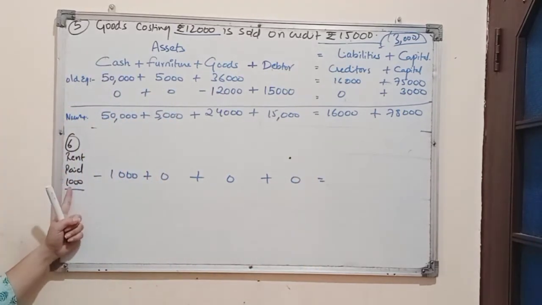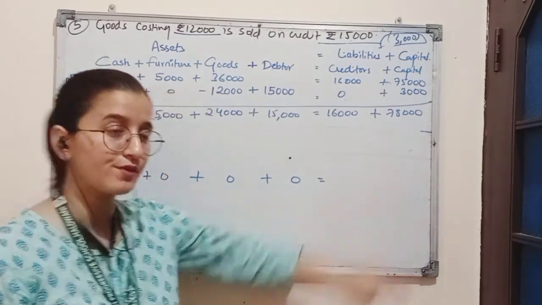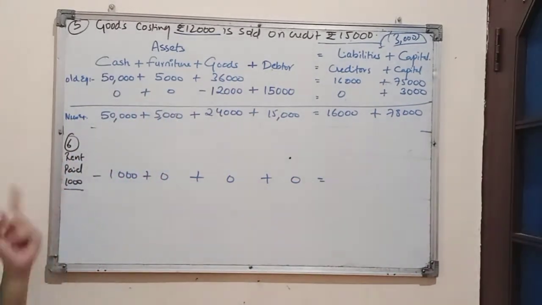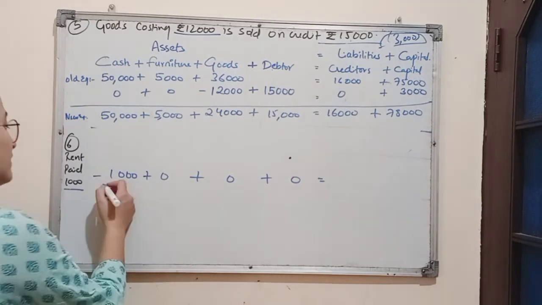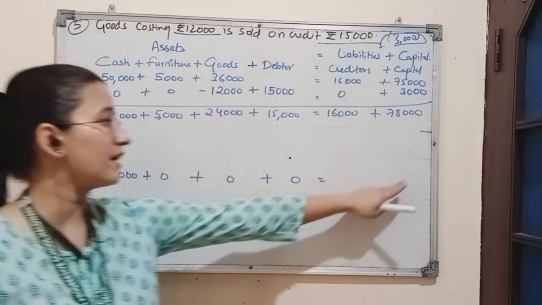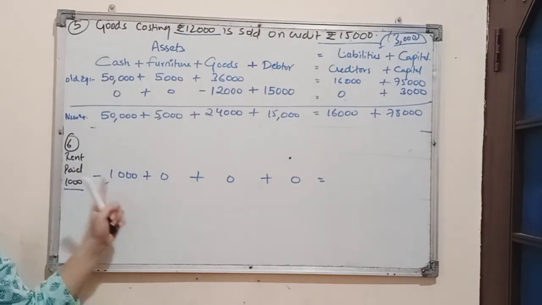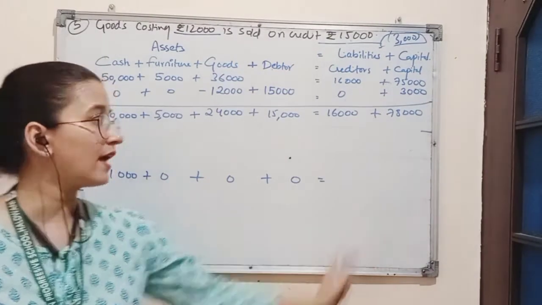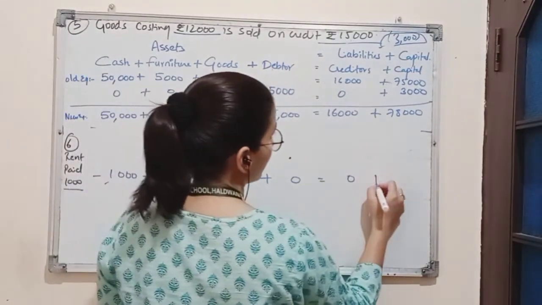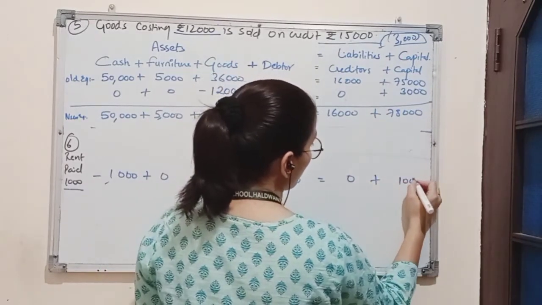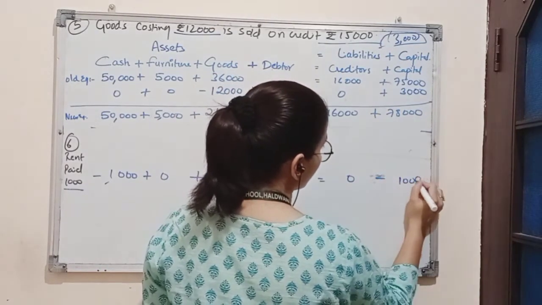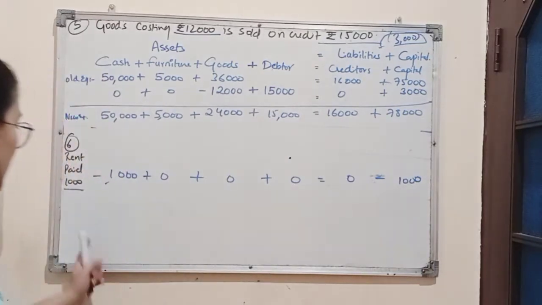But this is an expense, and expenses are always deducted from capital also. So whenever there is an expense, it will have two effects: one on cash, and second on capital. This amount will be reduced from both cash and capital. We will reduce 1,000 from capital here.